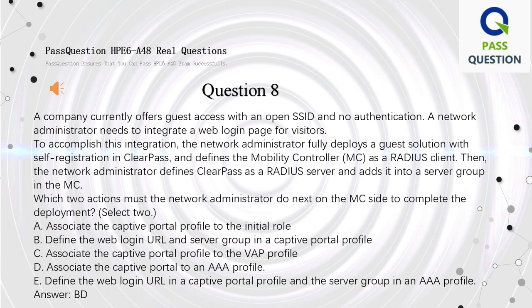C. Associate the captive portal profile to the VAP profile. D. Associate the captive portal to an AAA profile. E. Define the web login URL in a captive portal profile and the server group in an AAA profile. Answer: B, D.